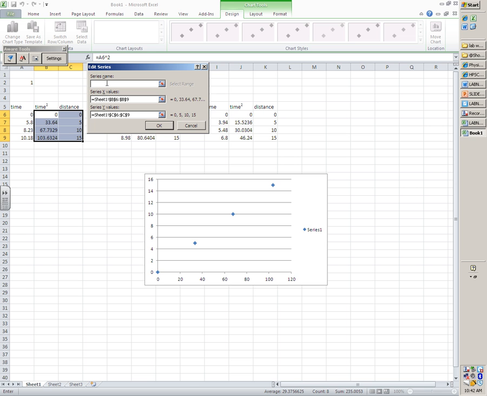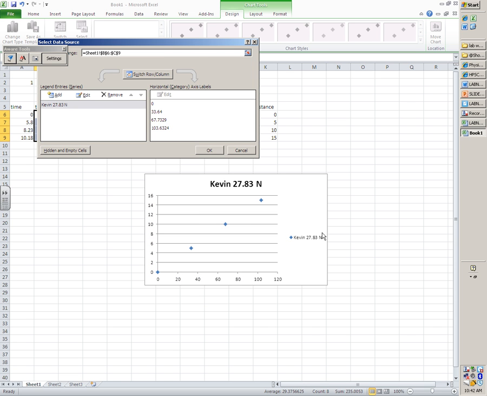So let's say we'll call this one Kevin, and then what was the first force value that we gave for Kevin? Does anybody have it written down real quick? Flip on the other side. 27.83. So we can go 27.83 newtons and call that the name of this. If I hit OK, over here on the side it says Kevin, 27.83 newtons. Okay, is that good there?